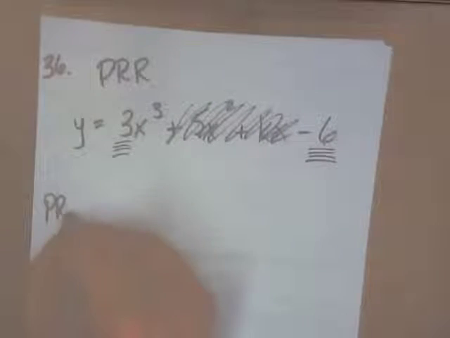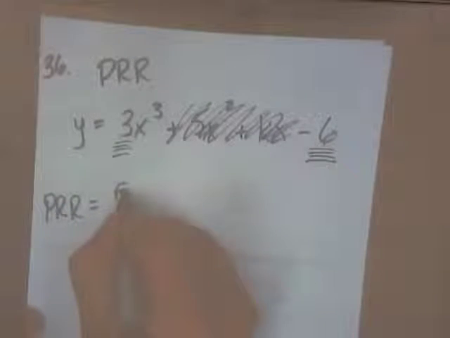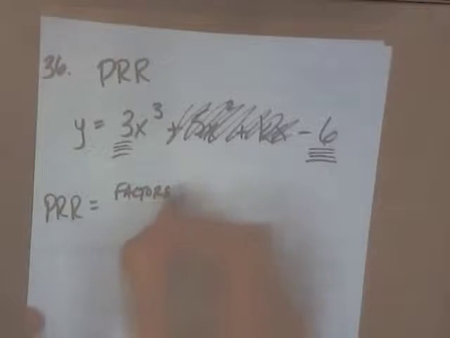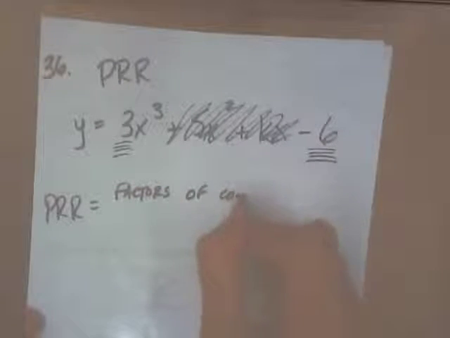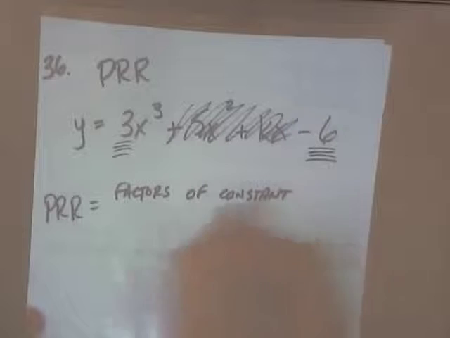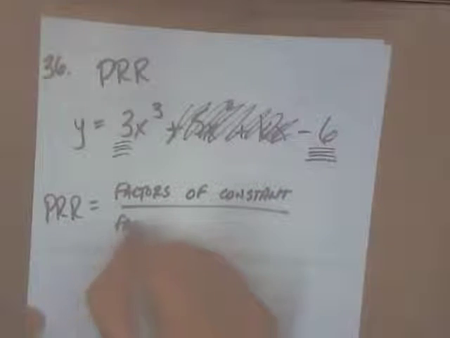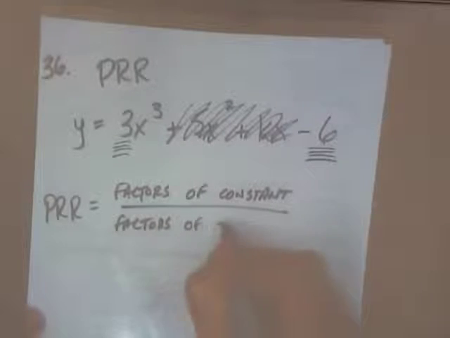Possible rational roots are the factors of the constant divided by the factors of the leading coefficient.